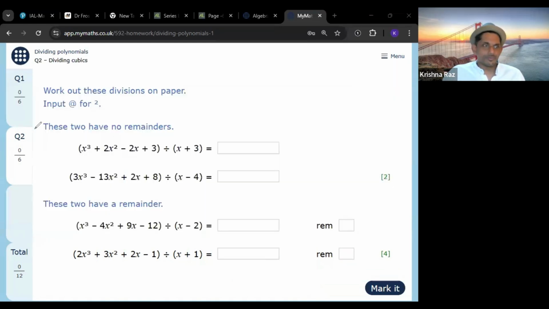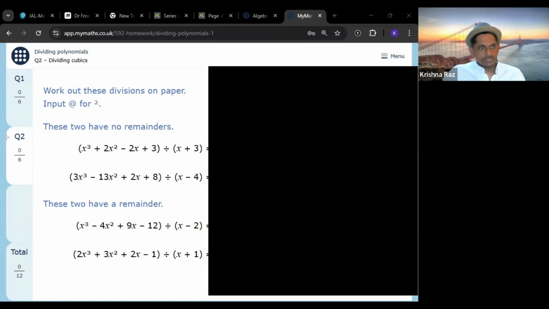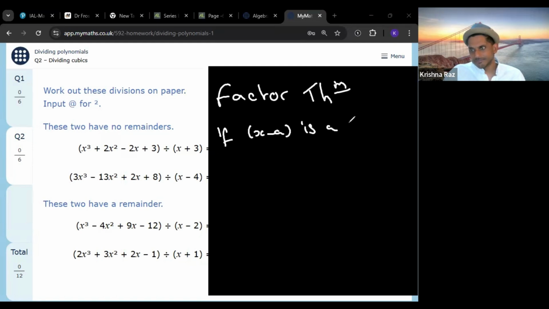So this links us to something we're going to call the factor theorem and the remainder theorem. So the factor theorem tells us if x minus a is a factor, then f of a will equal 0.